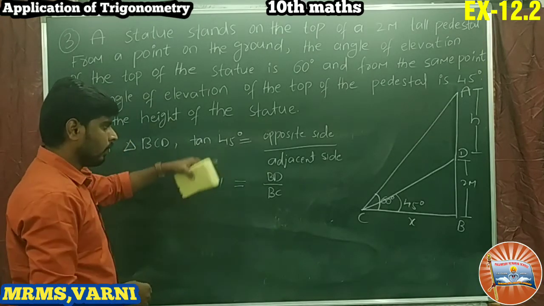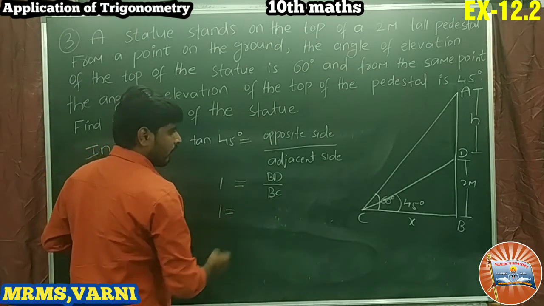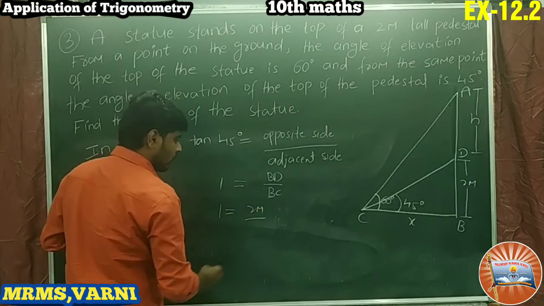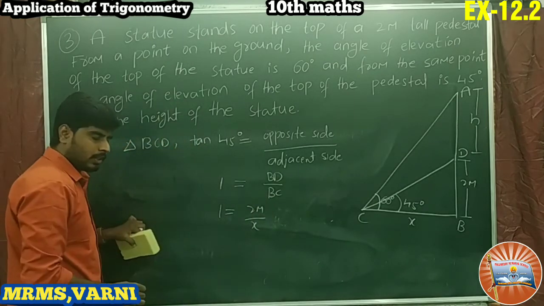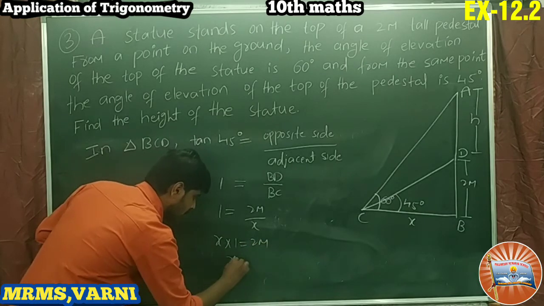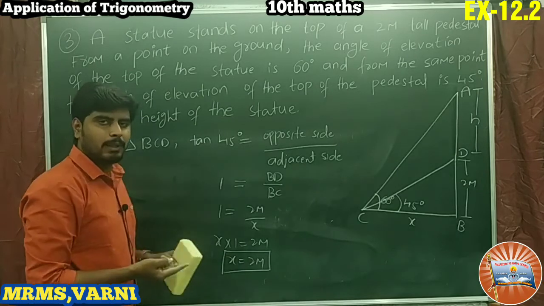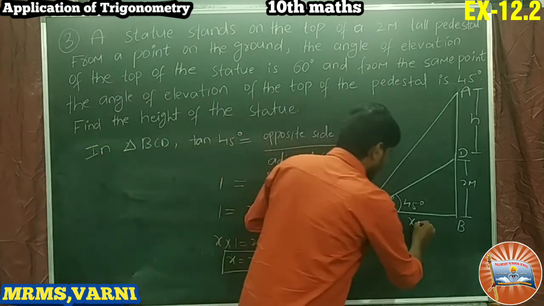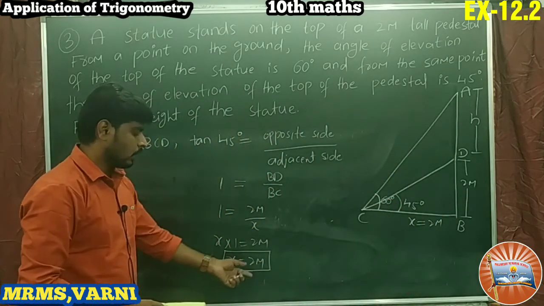So 1 is equal to BD value 2 meters by BC value, which we consider as x. Cross multiplying, x into 1 is equal to 2 meters. So x is equal to 2 meters, the distance between the foot of the pedestal and the observer.